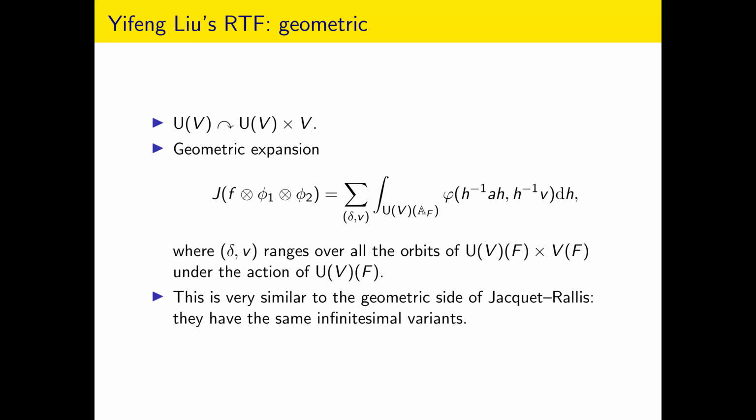The analogy here is that this is very similar to the geometric side of Jacquet and Rallis. And in fact, if you look closer, they have the same infinitesimal variant. I'm not writing it down here, but the infinitesimal variant of this is again the unitary group acting by conjugation on the Lie algebra of itself, and the second one is the multiplication. If you look at this, the action is exactly the same.